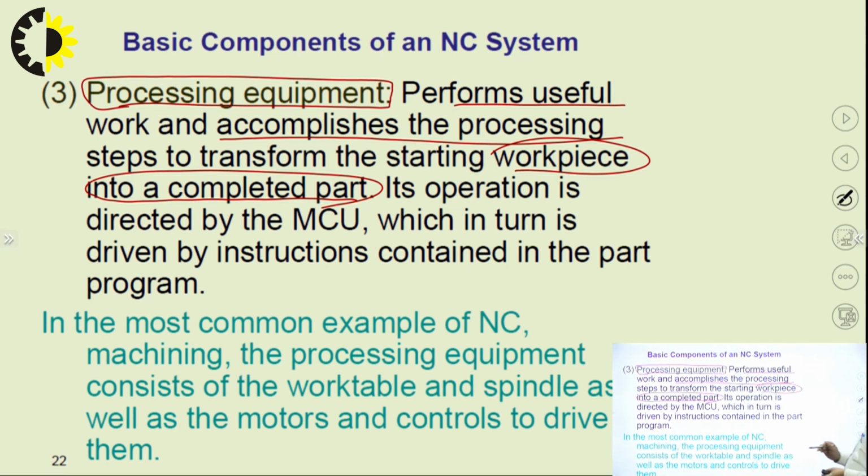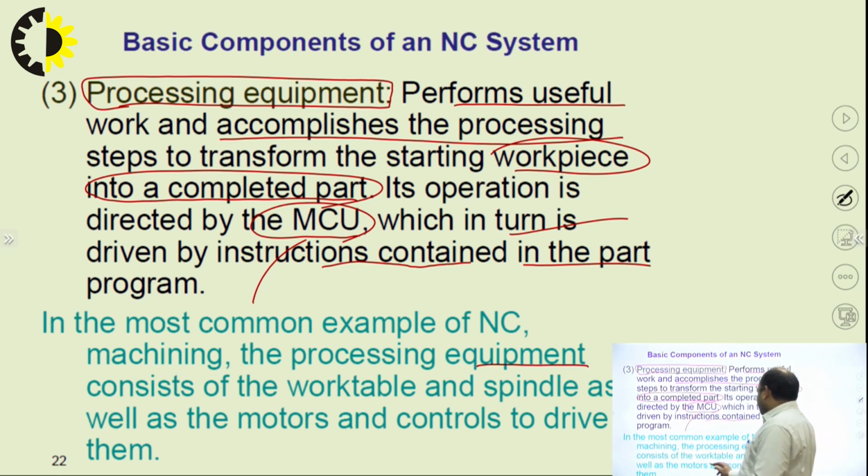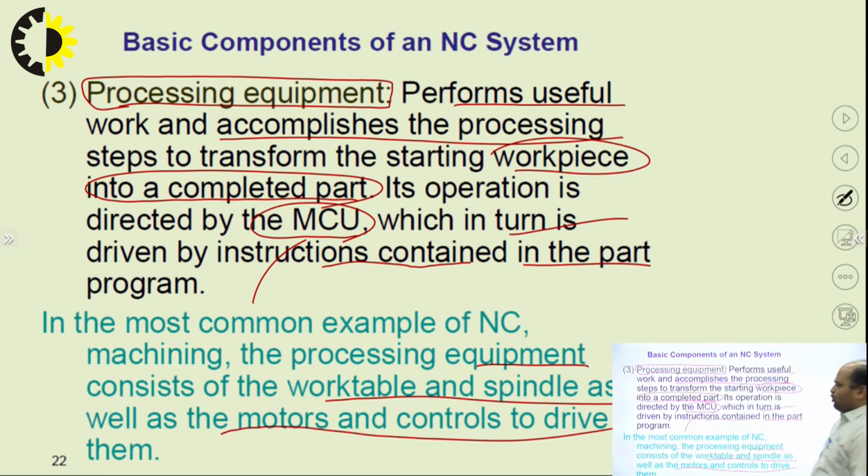Its operation is directed by the machine control unit, which sends step by step instructions to the machine tool, and the machine tool also gives feedback to the machine control unit, which in turn is driven by instructions contained in the part program. In the most common example of NC machining, the processing equipment consists of a work table and spindle as well as motors and controls to drive them.